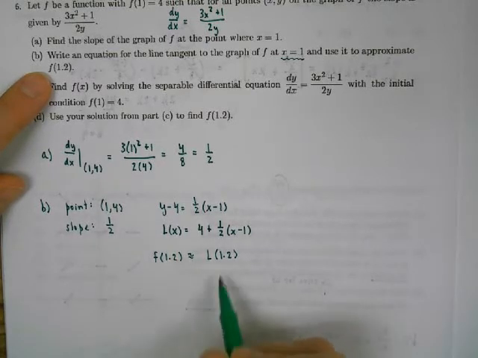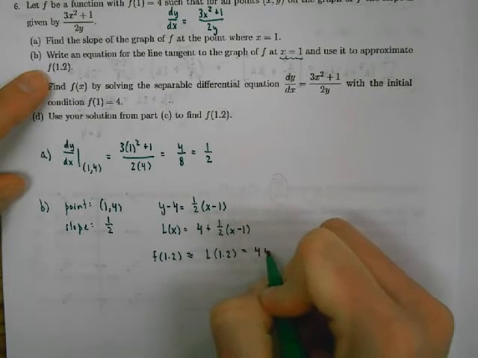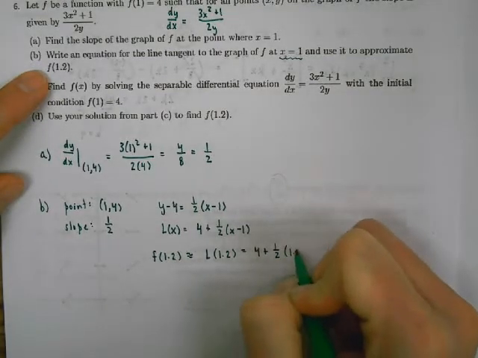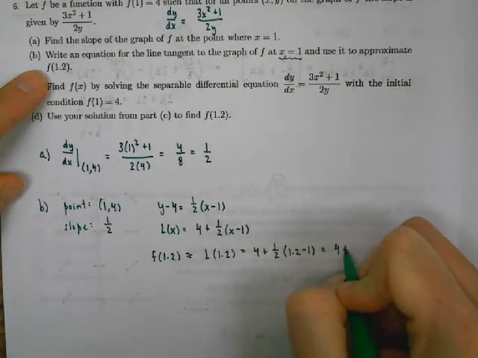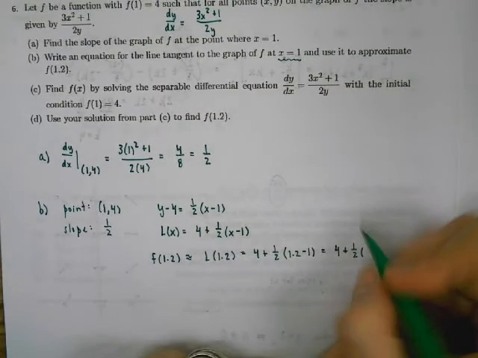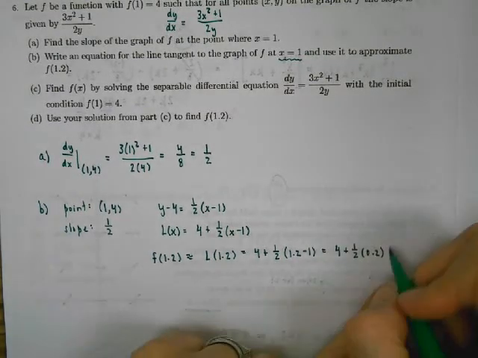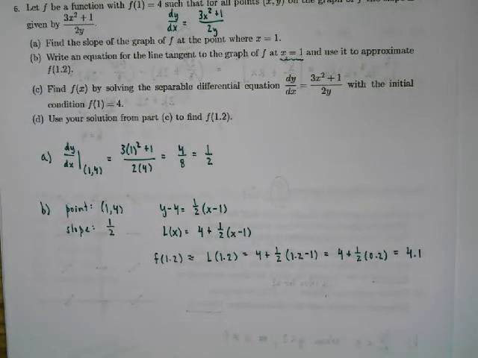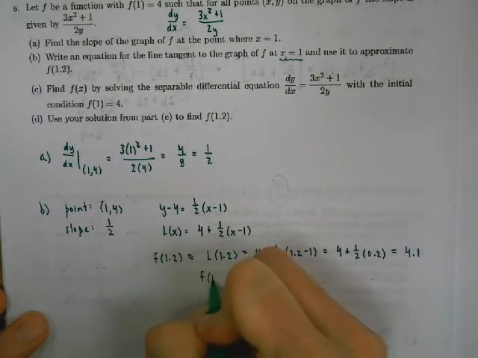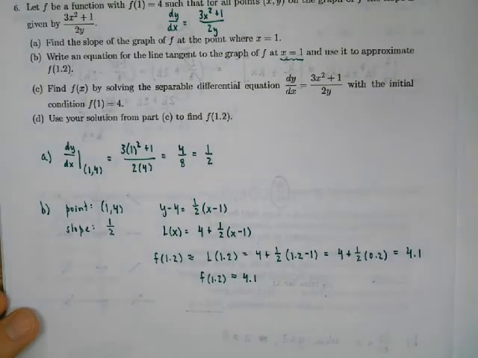So it's not the exact value, but for values close to 1, it should be close. So I have 4 plus 1/2 times (1.2 minus 1). So 4 plus 1/2 times 0.2. Well, 1/2 times 0.2 is 0.1, so that value is approximately 4.1. So f of 1.2 is approximately 4.1.